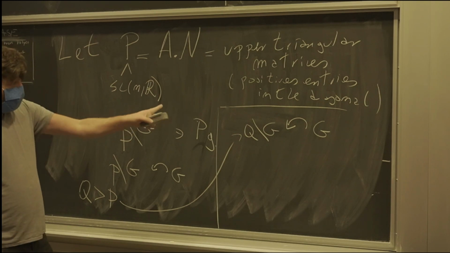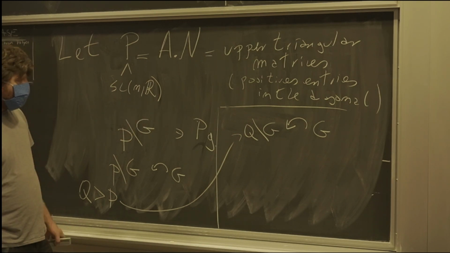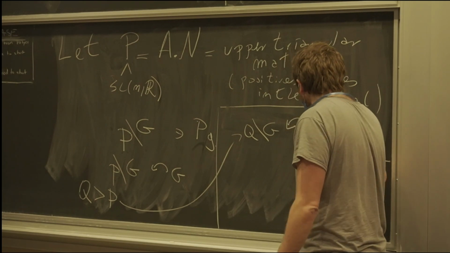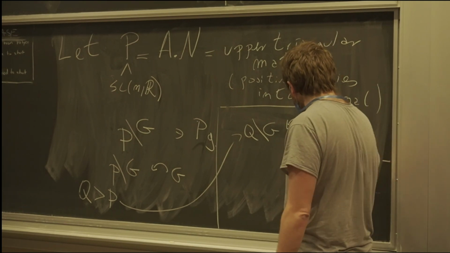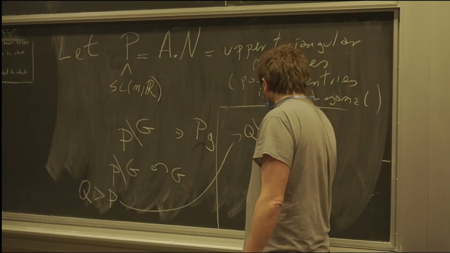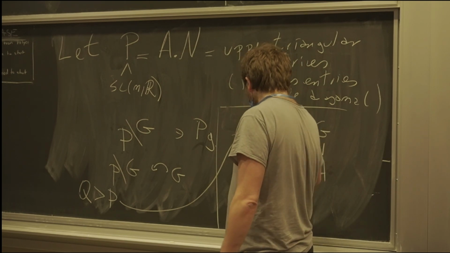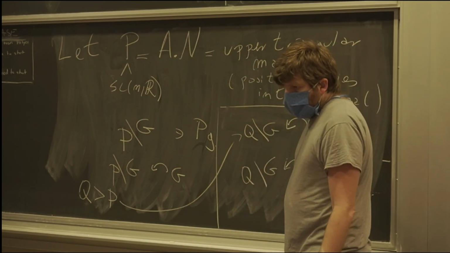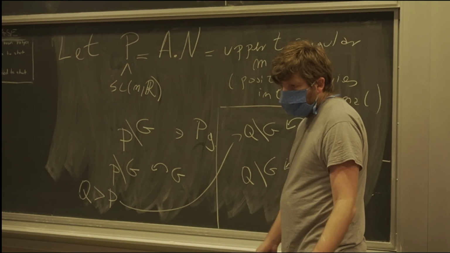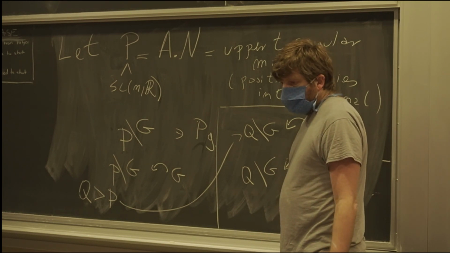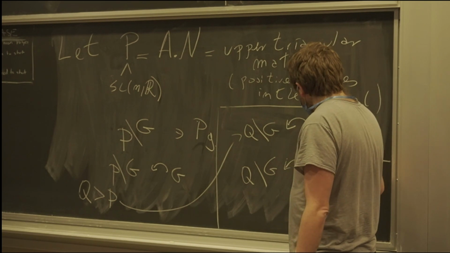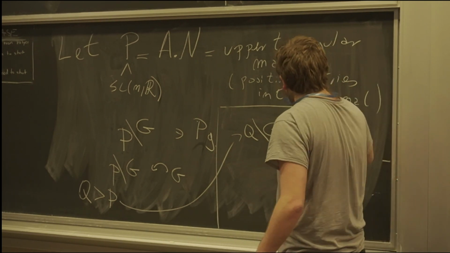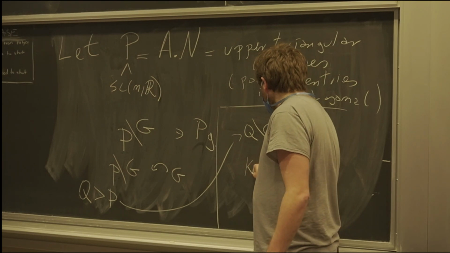Now I can look at this G acting on G mod Q. I can look at the subgroup H of G, and restrict to this action. And I can ask myself, or maybe simpler, if I call alpha this action, what is the kernel of alpha.